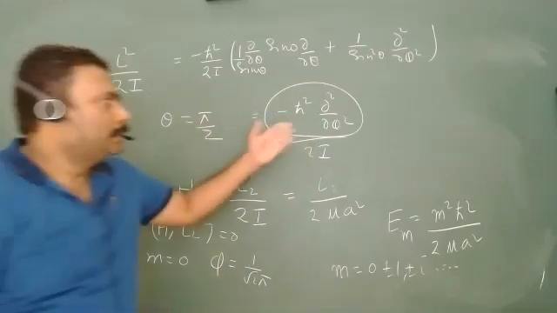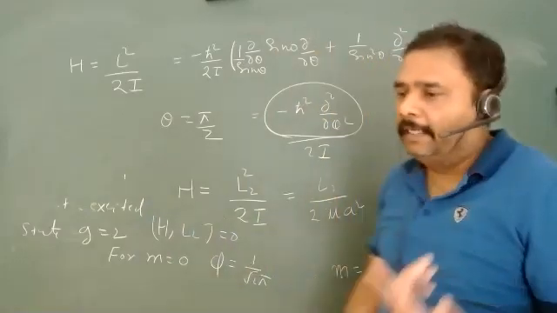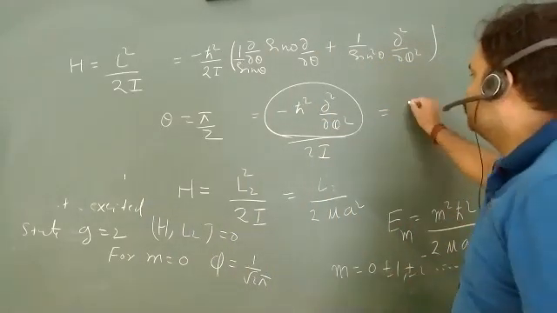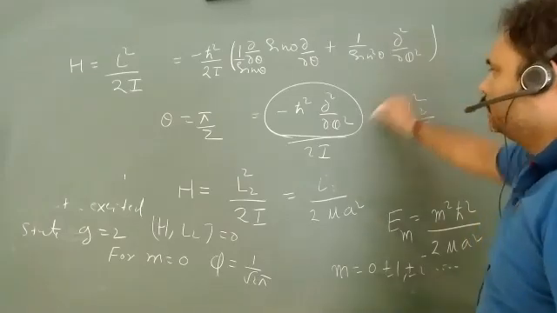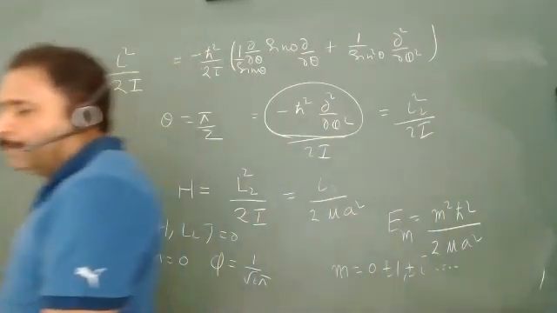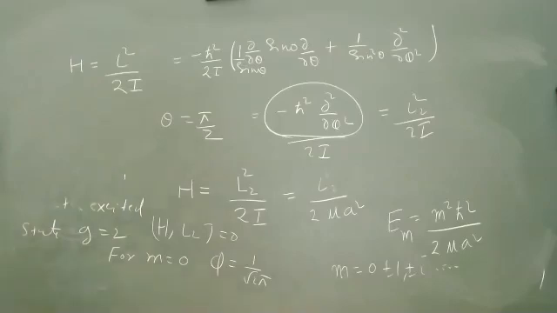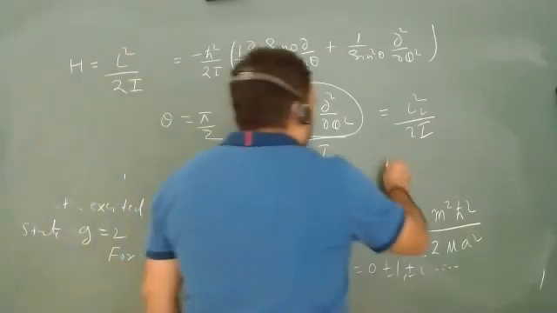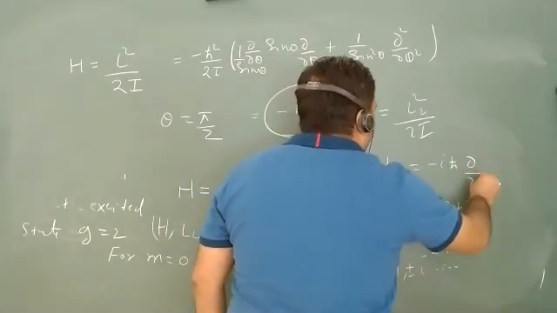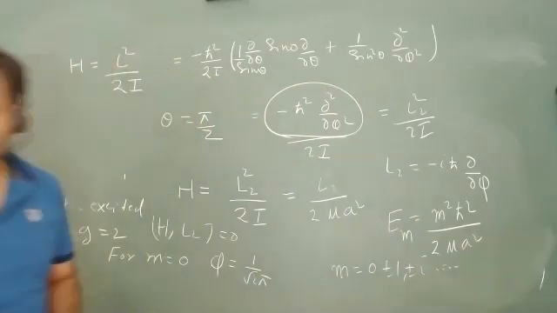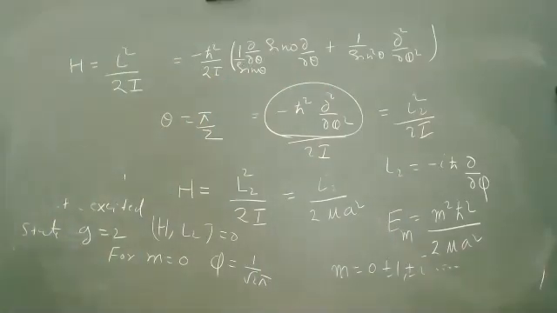It is Lz square, not Lz. This is Lz square upon 2I. So I am getting the same answer from mathematics also, because Lz is minus i h cut del upon del phi. That's it. Let's go for the next problem.